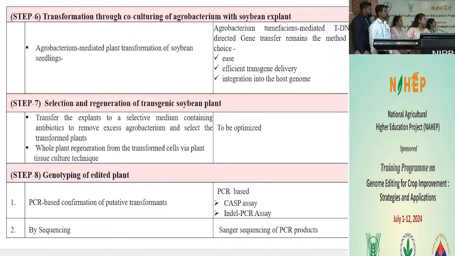In the next step, we are going to select and regenerate transgenic soybean plants by growing the explant in selective medium, and the whole plant is regenerated through tissue culture techniques. Genotyping was done by PCR based confirmation like indels and CAPS, and the sequence was also confirmed by sequencing method. Thank you.